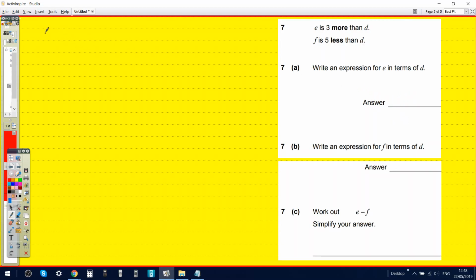If it's in terms of D, then only D should be in your answer. So it's the expression for E in terms of D. Right, so would it be D plus 3? Yep.